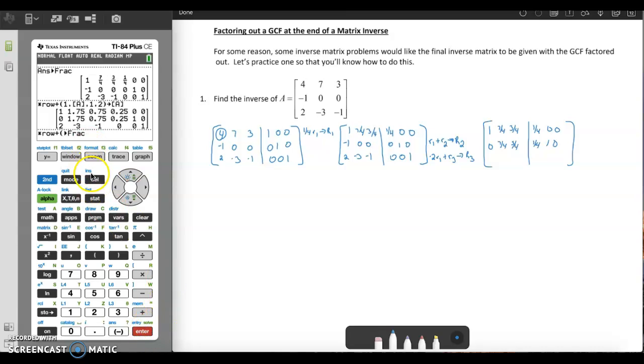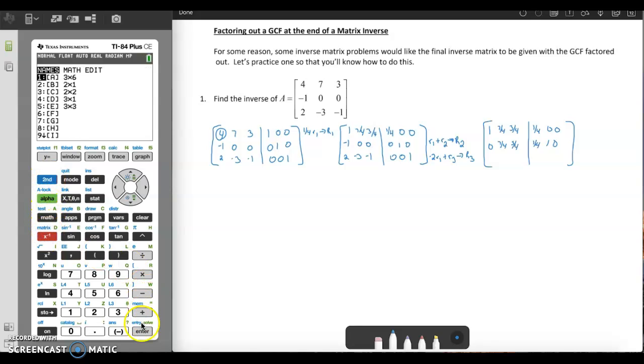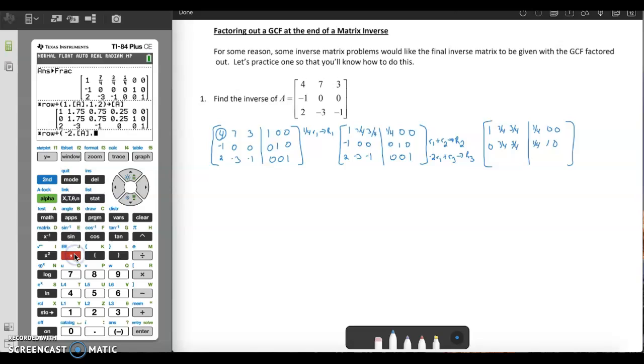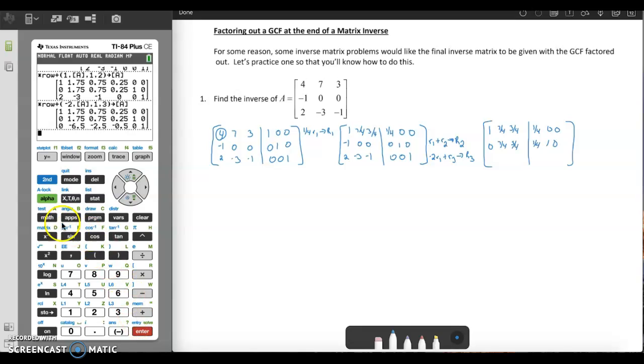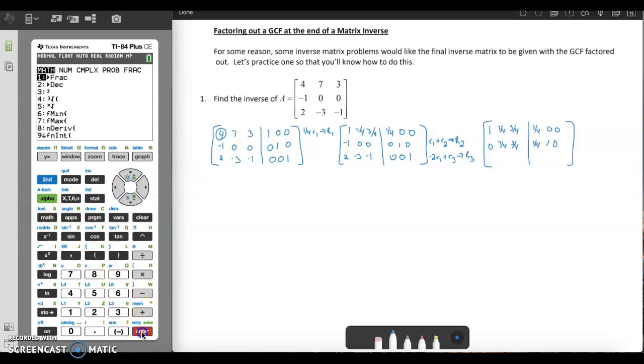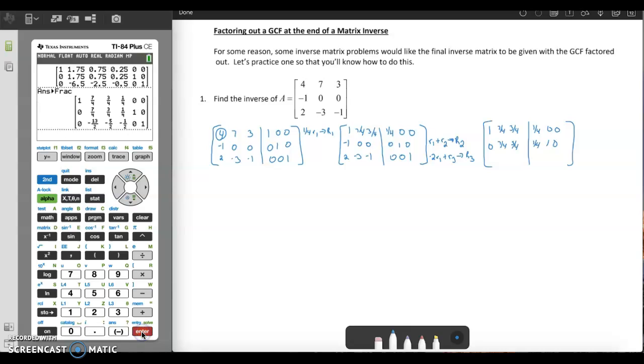This time I'm multiplying by a -2 in matrix A. We are doing this to row 1 to change row 3, close it up, store back in matrix A. And again, so that I can see my fractions, my bottom row is now 0, negative 13 halves, negative 5 halves, negative 1 half, 0, 1.